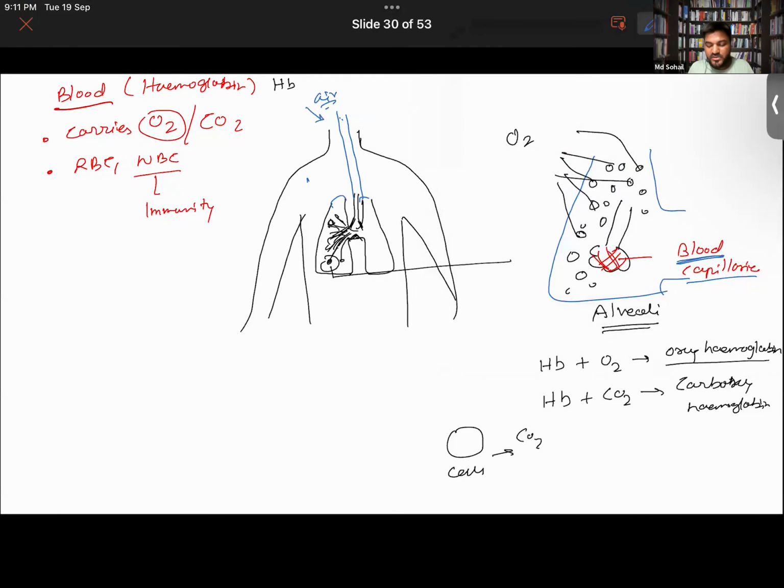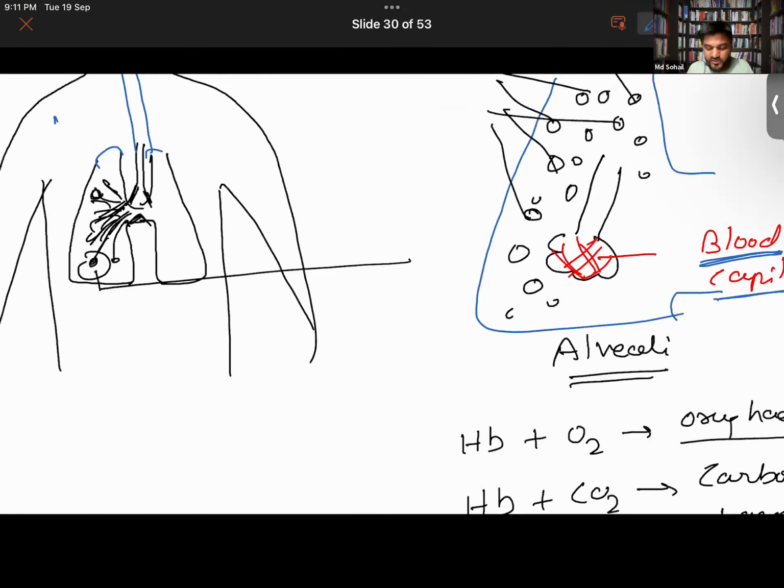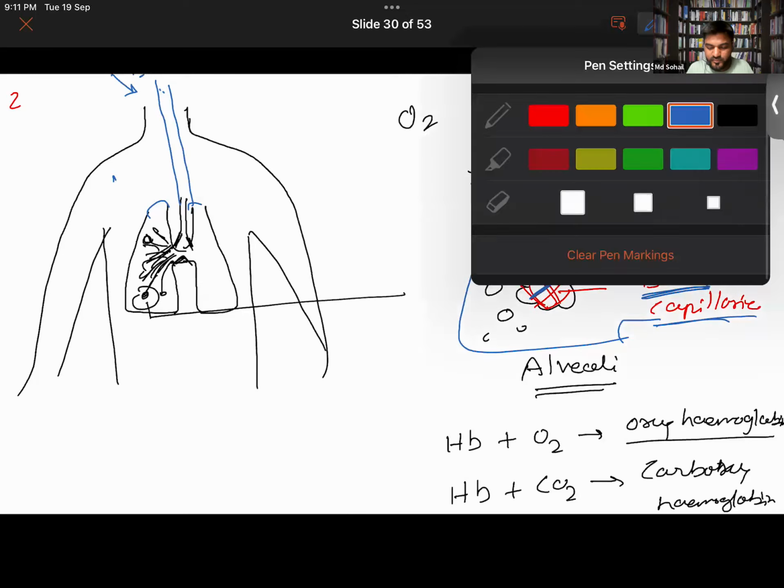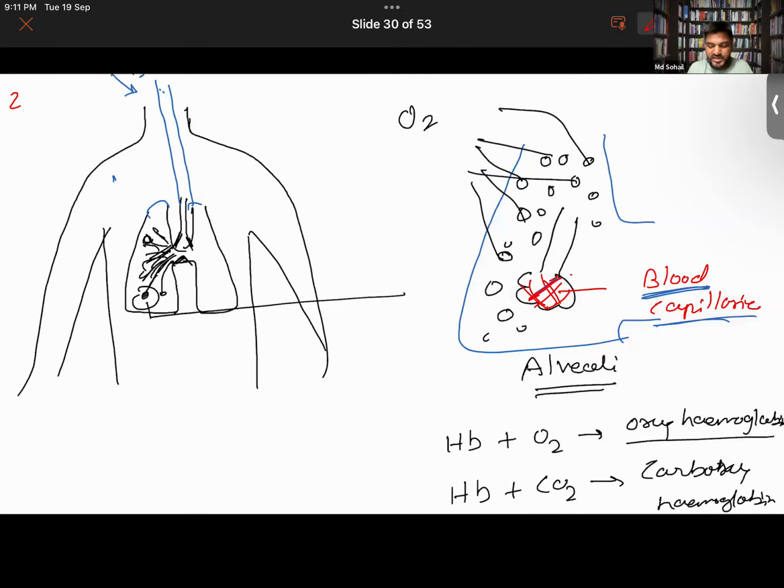Here you have got the blood capillary, in which, let's assume, there is only one oxygen molecule, while in the surrounding there are lots of oxygen molecules, for example, 10. So in this area more molecules of oxygen are present, which means there is more pressure here, while in the blood the pressure is low.